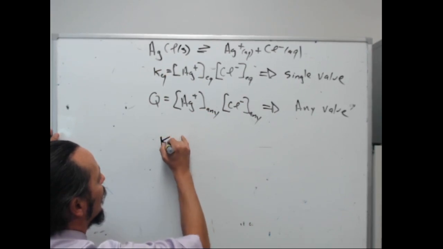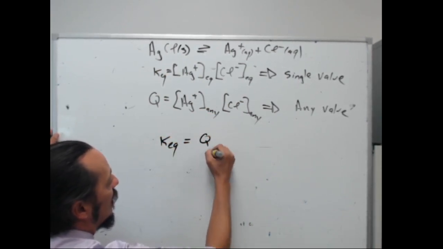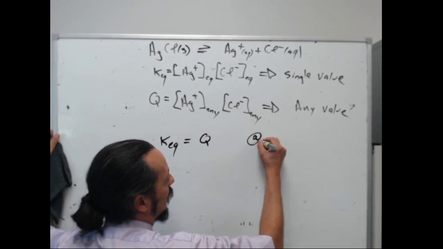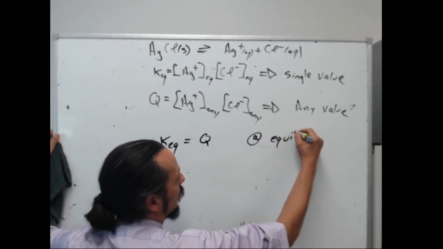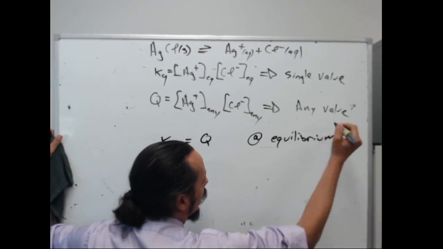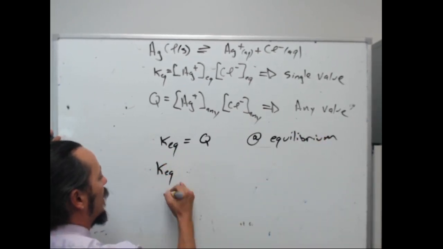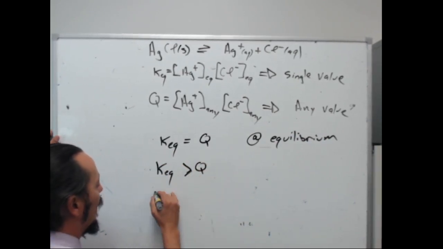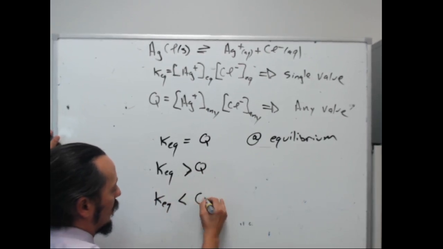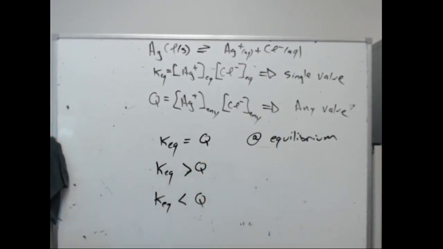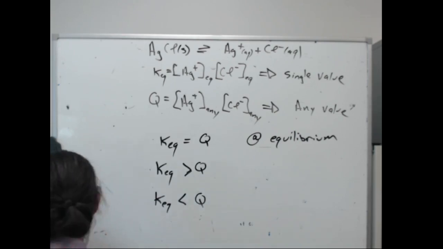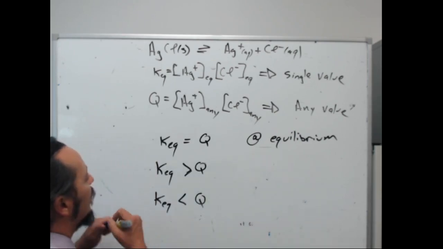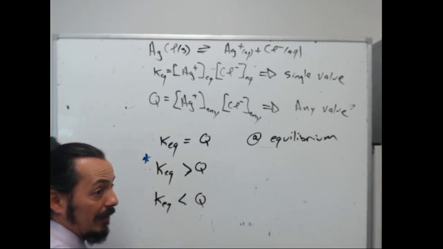The easy one to consider is we can always have KEQ and Q equal to each other. That's at equilibrium. We can also have KEQ greater than Q, or we can have KEQ less than Q. In terms of math, those are the possibilities we can have: KEQ equal to Q, KEQ greater than Q, KEQ less than Q. This one, KEQ greater than Q, is the situation that we usually dealt with.